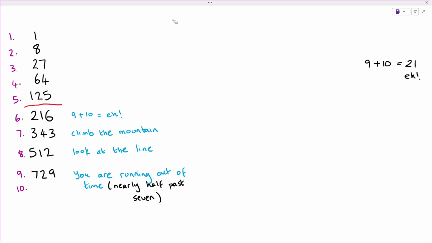These are little memory hooks more than anything else. 10 cubed is the easiest one: 1, 2, 3. Right, so we've done that. We are now going to 11, 12, 13, and 14.